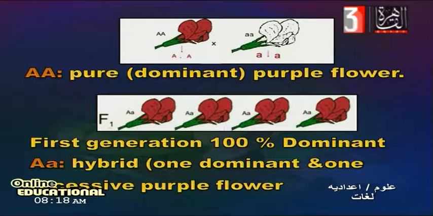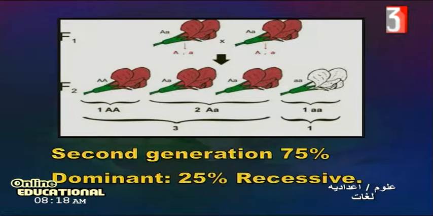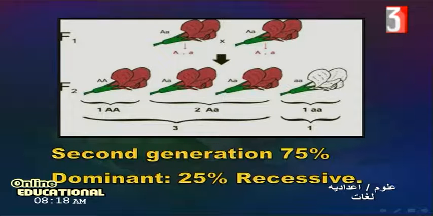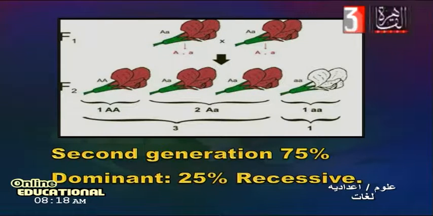In the second generation, when purple flowers from the first generation, A capital A small and A capital A small, are crossed, the second generation, as shown, has 3 plants with purple flower and 1 plant with white flower. Second generation: 75% dominant, 25% recessive.